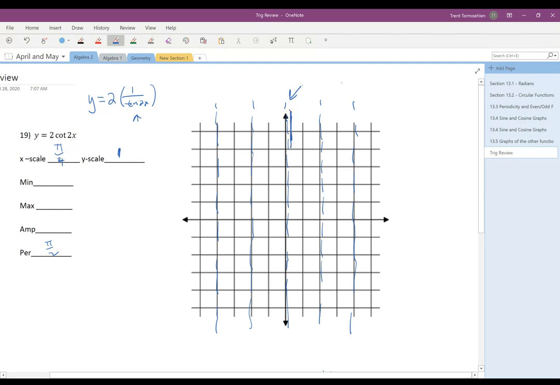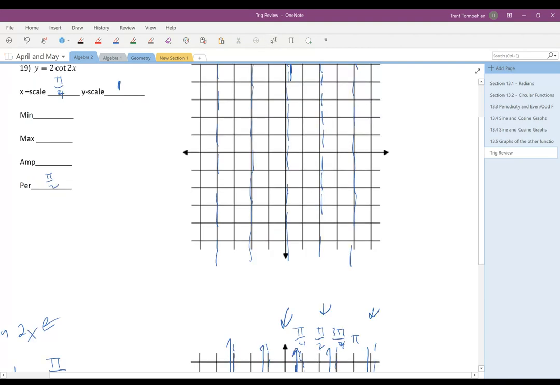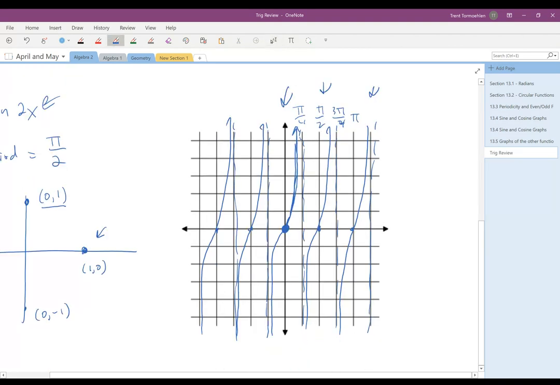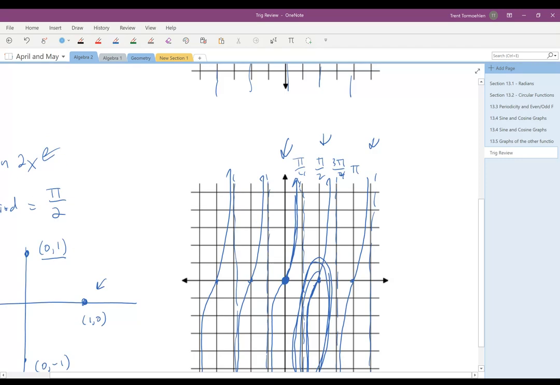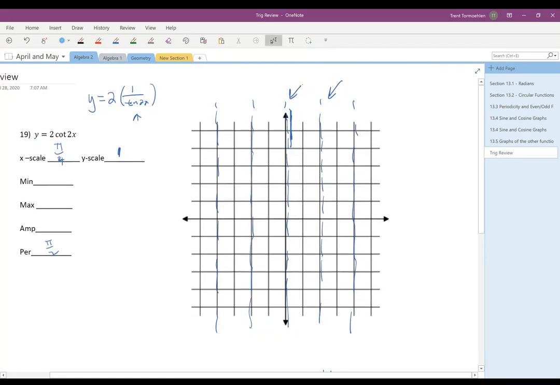And then what happens when it approaches pi over 2? As it approaches pi over 2, the tangent graph is getting closer and closer to 0 as well. That's this section right here. It's approaching 0 from the left, which means it's approaching from a negative. And so close to this one, it's actually very negative.